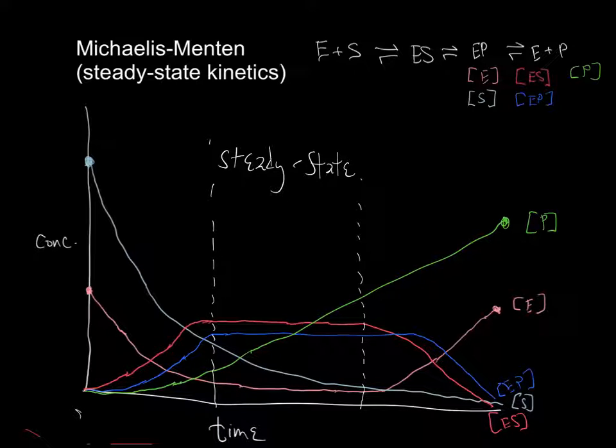They're at equilibrium. So this is called the steady state region. The part that's before that is called pre-steady state.